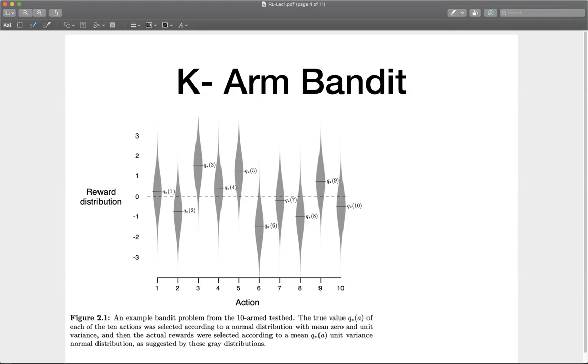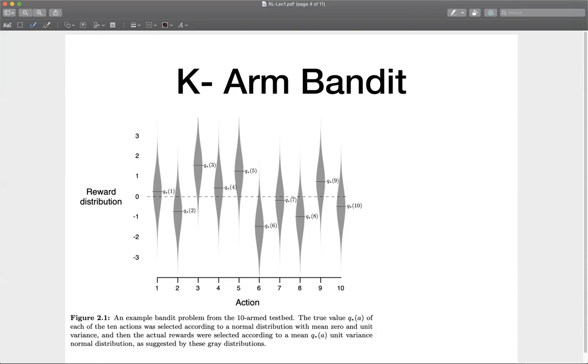It has one arm. You pull the lever, and something happens: it either eats your money or you hit a jackpot. You could think of the reward for this one-arm bandit as the average return that this machine is going to give you.